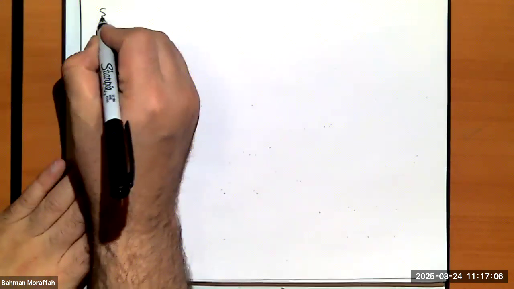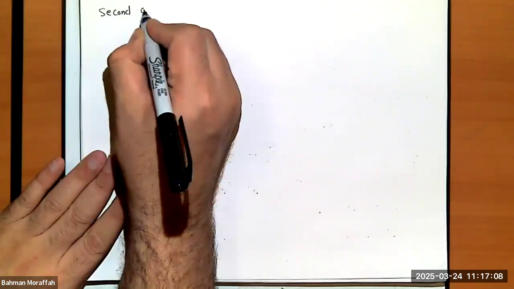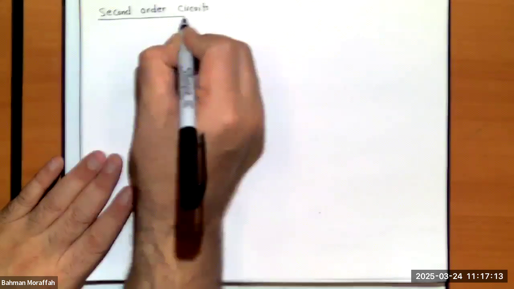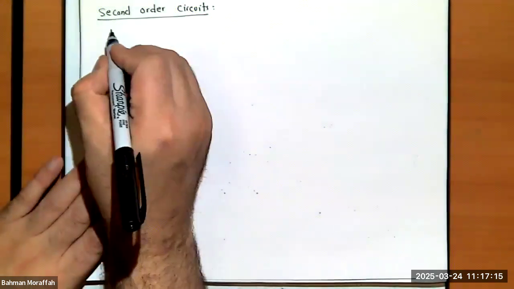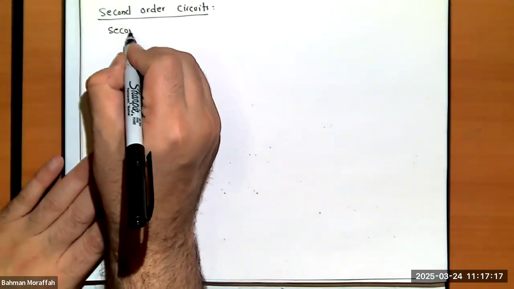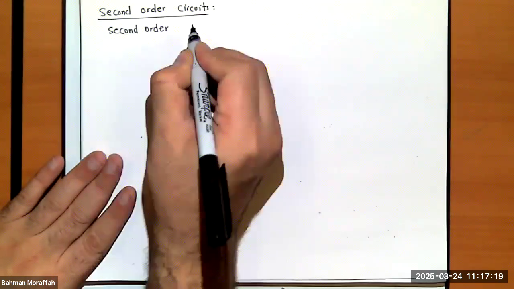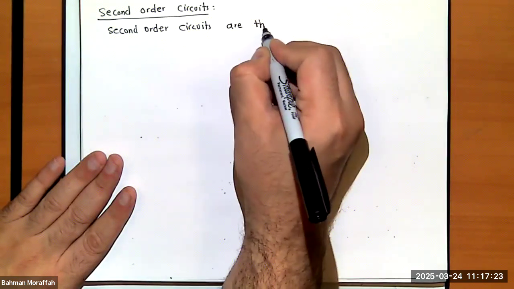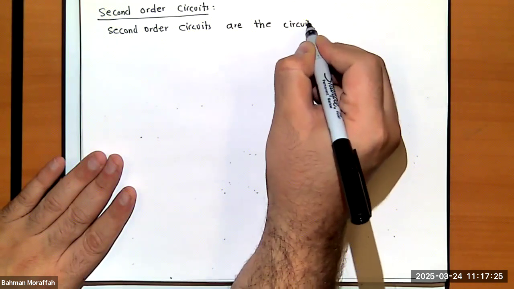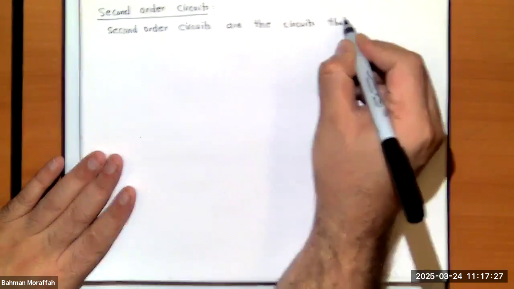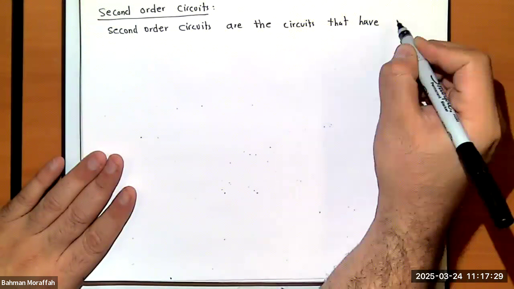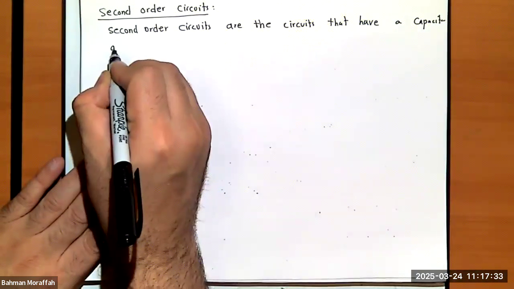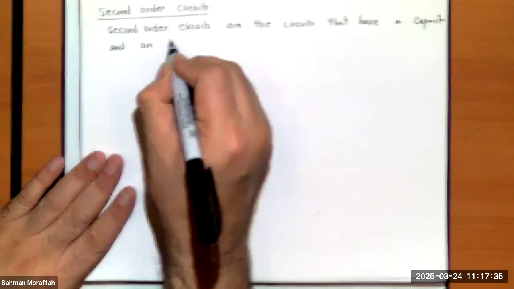So, definition, second order circuit. Second order circuits are the circuits that have a capacitor and an inductor.